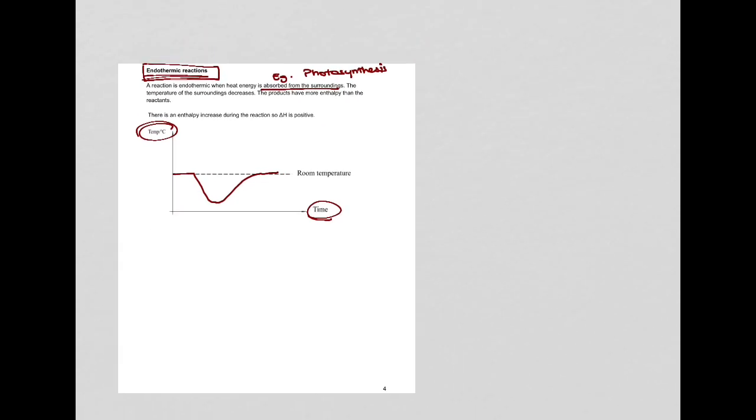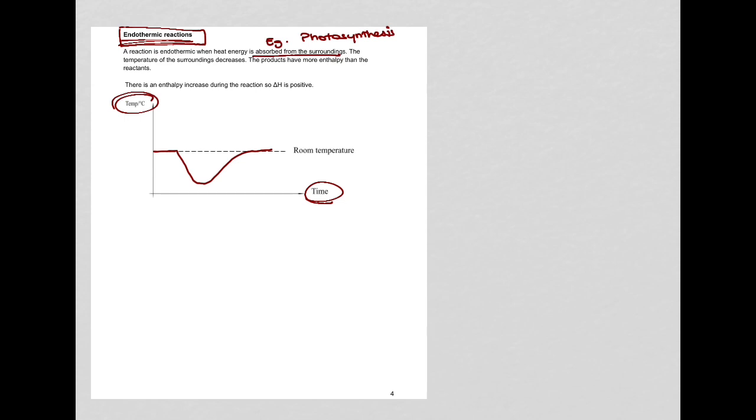Now, if we look at the energy levels, let's say we have reactants that have enthalpy 100 kilojoules per mole. These reactants gain energy from the surroundings. Let's say it gains 75 kilojoules per mole. Then the product is going to have more energy, so the product H will now be 175 kilojoules per mole.